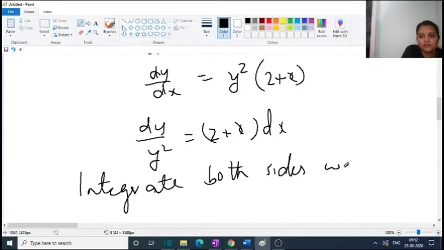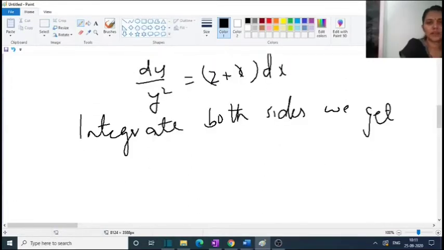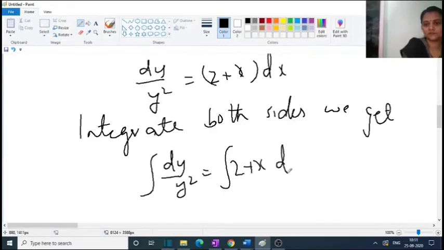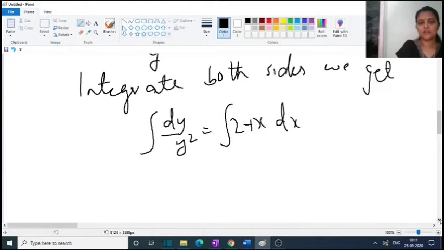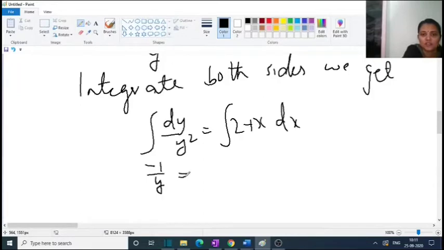We could write the integral of dy by y square, which is equal to the integral of (2 plus x) dx. The integral of 1 by y square is the integral of y raised to minus 2 dy, which is equal to y raised to minus 1 by minus 1, or we could write minus 1 by y, which is equal to the integral of 2 which is 2x, plus the integral of x which is x square by 2, plus c.